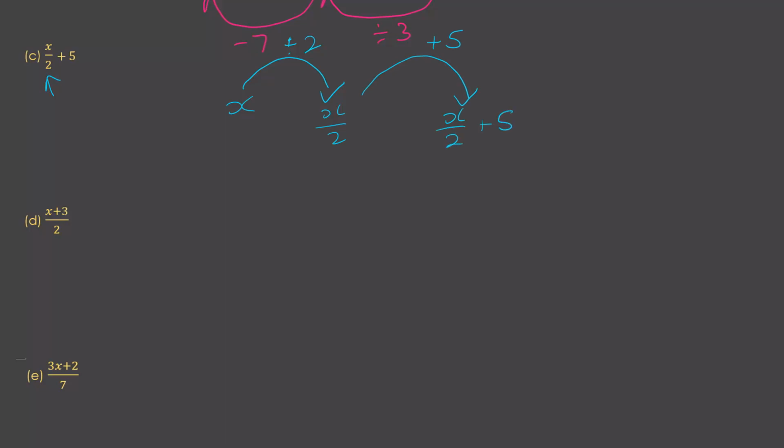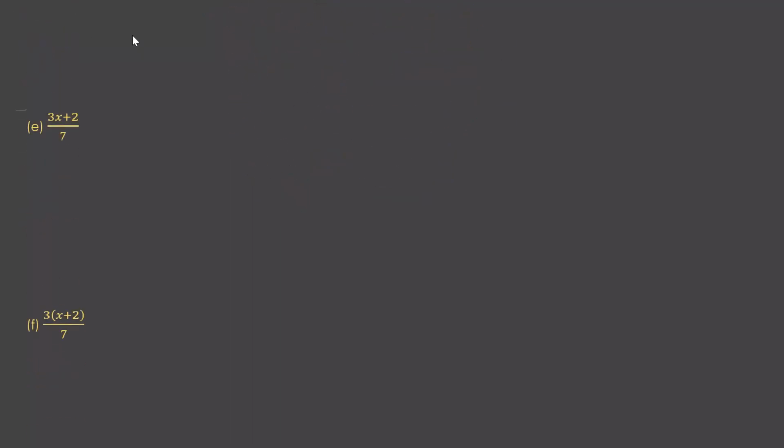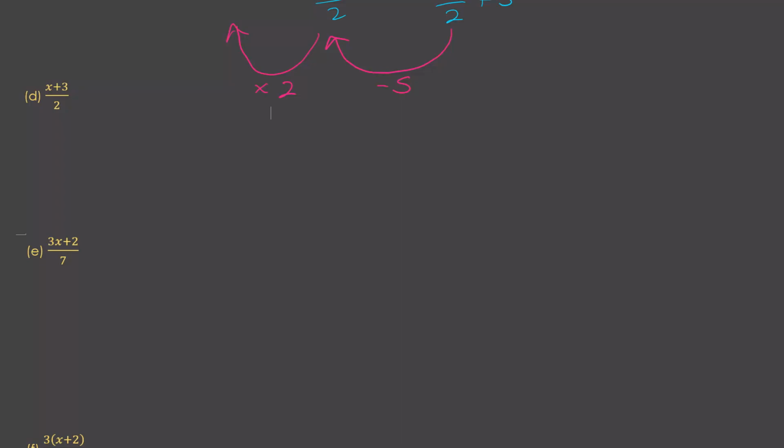Then we want to undo that, so going back the other way, we would subtract 5 and then we would multiply by 2. The next one we have is x plus 3 all divided by 2.